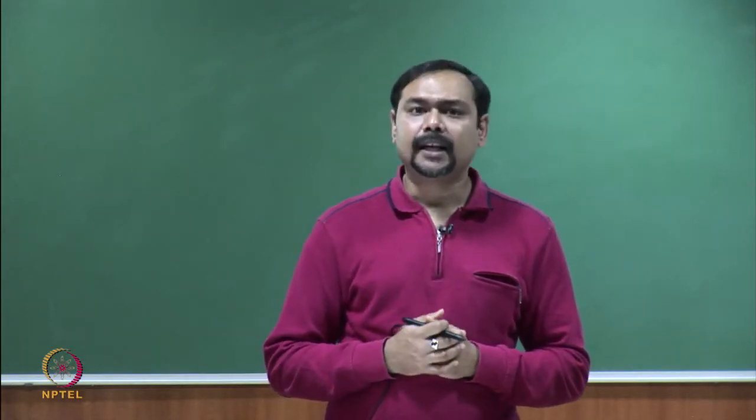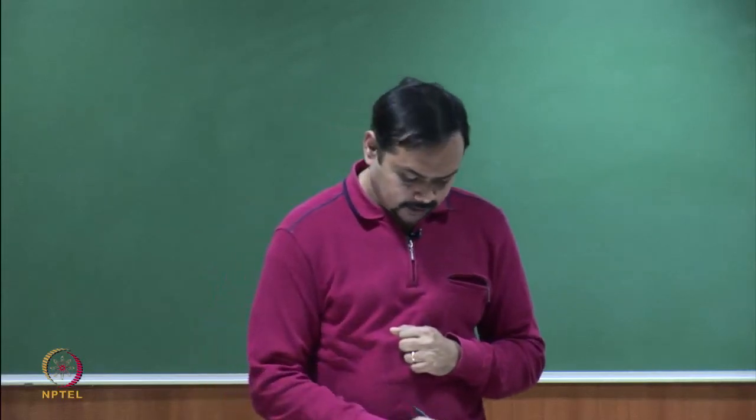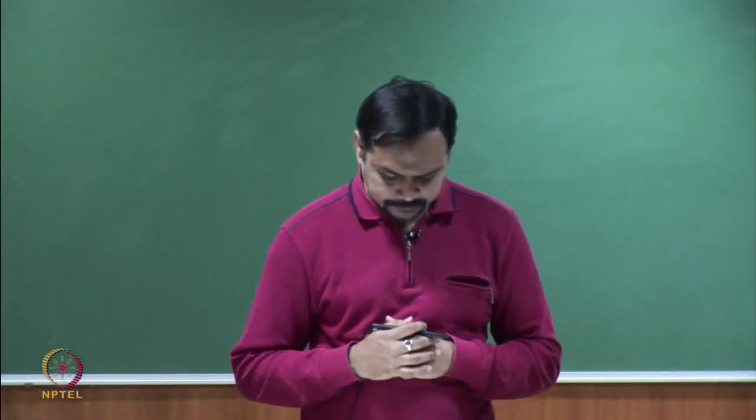Of course, we know that isolation is a very important functionality for a gate driver. On one side there is a low voltage and the other side is a high voltage, and the gate driver electrically isolates the low voltage and the high voltage side. It is particularly useful during short circuit in a power circuit.